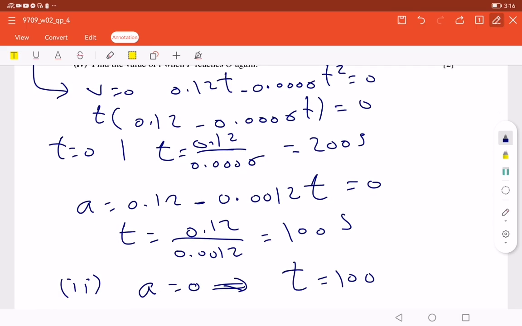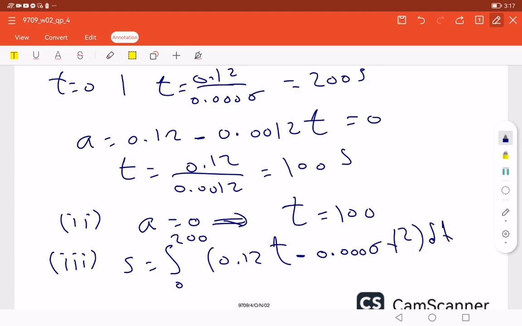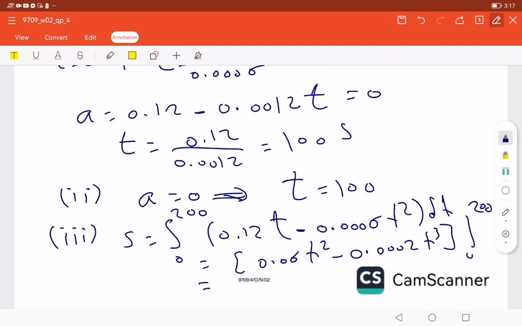The displacement is the integration of the velocity, from 0 to 200, of 0.12t minus 0.0006t squared dt, which is equal to 0.06t squared minus 0.0002t cubed, from 0 to 200, which is equal to 800.